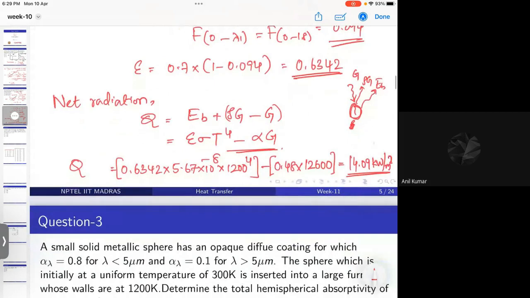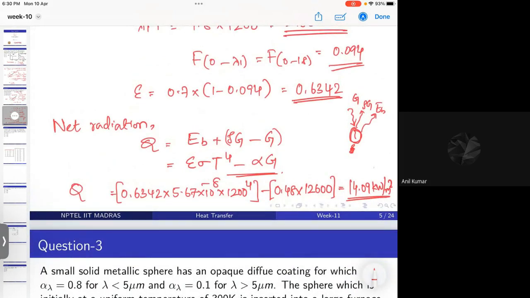Sir, one thing is not clear to me: G is the incident radiation and rho G is the reflected radiation. Yes, reflected radiation. And EB is the emitted radiation because of its temperature. So what is the difference that it is radiating and it is reflecting and you are writing minus G?